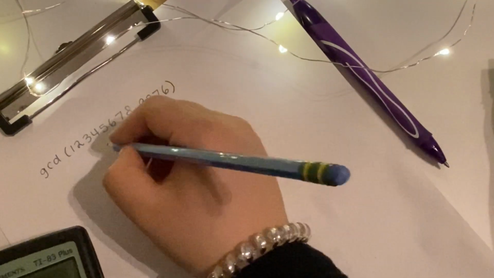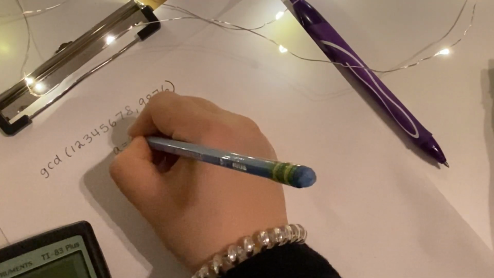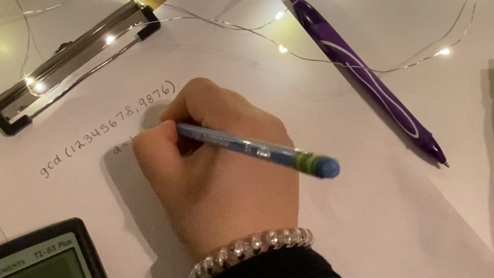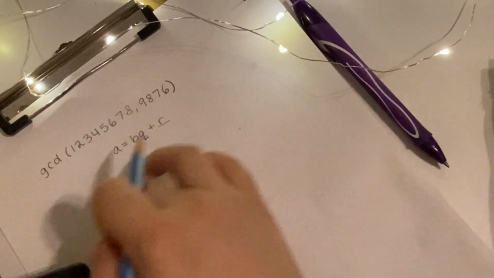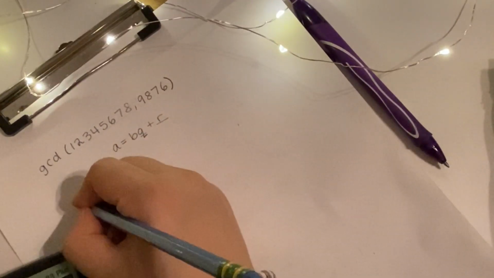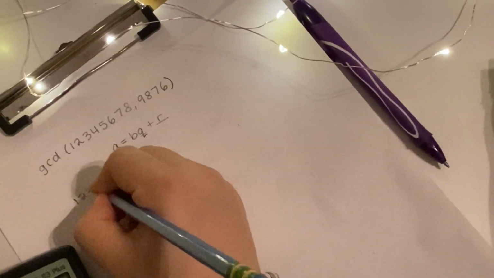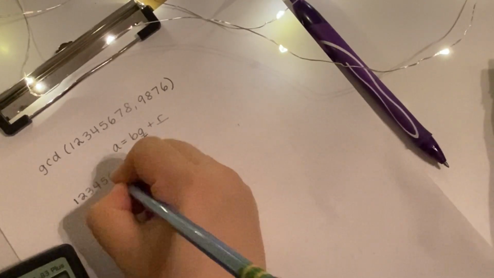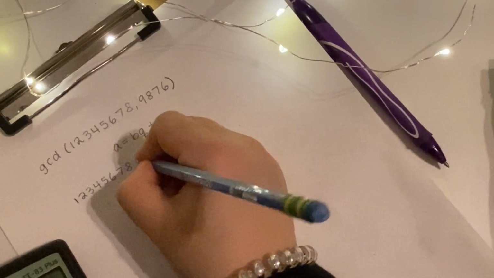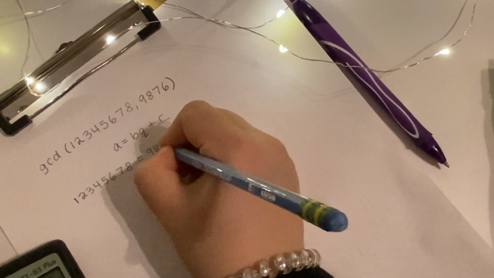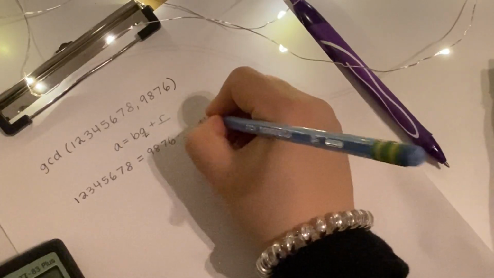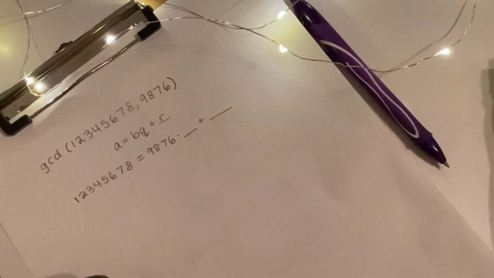So remember, our general form is A is B times some number plus some number R. We're just going to do the shifty pattern. So we're going to start with 1, 2, 3, 4, 5, 6, 7, 8 equals 9, 8, 7, 6 times something plus whatever the remainder is.